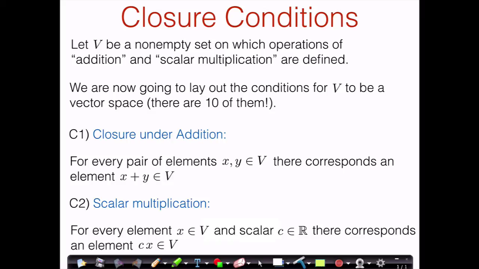This says that for every element x in V and scalar c, which is just a real number, the element c times x is in V. So again, these two conditions taken together mean that the linear combination of any set of elements of V will again be in V.